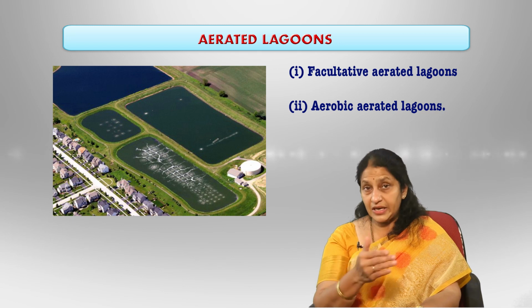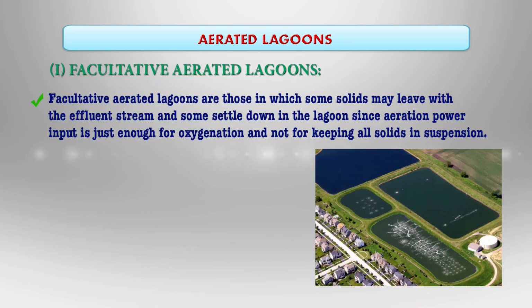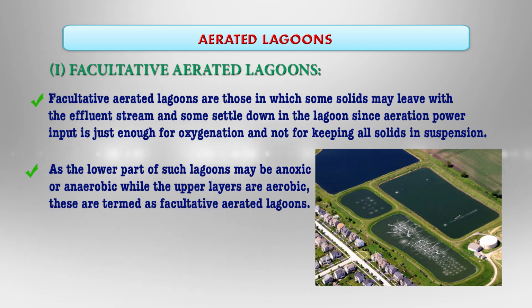The facultative aerated lagoons will treat some of the solids that may leave with the effluent stream, and some particles settle down in the lagoon, because the aeration power input is just enough for oxygenation and not for keeping all solids in suspension. So the lower part of the lagoon may be anoxic or anaerobic in nature, while the upper layers are aerobic. They are known as facultative aerated lagoons.